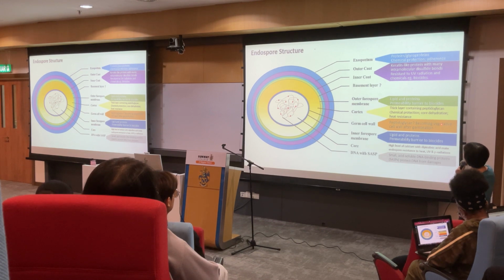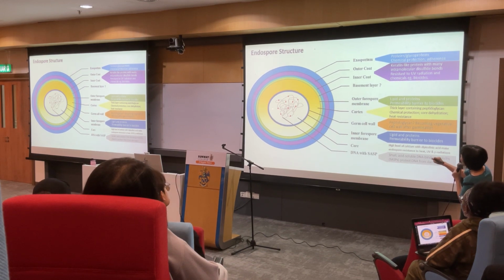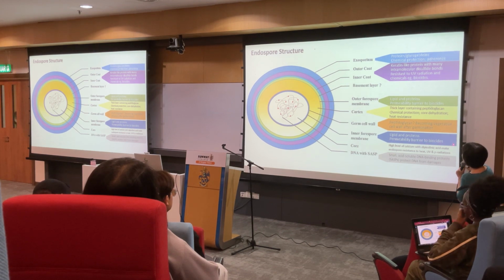Eventually, when they become individual vegetative cells, it becomes the cell wall of the vegetative cell. And the inner forespore membrane, the inner layer here, is also lipid and protein, similar to the outer one. So they are also impermeable to chemicals.